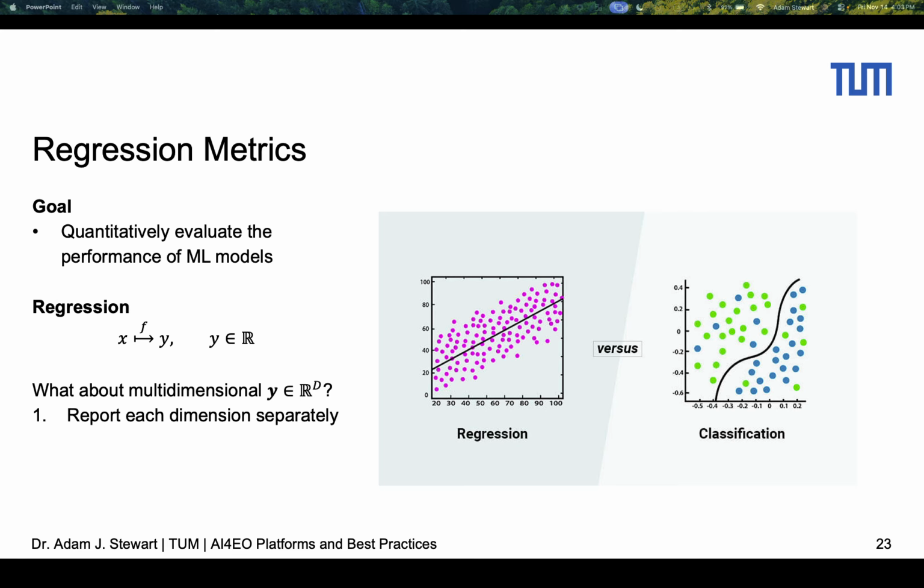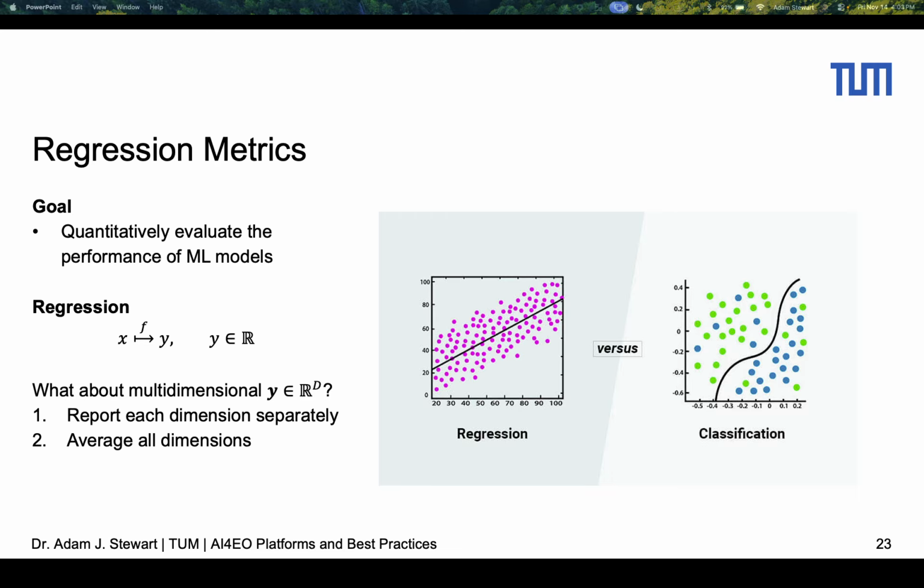So I could give you an accuracy or a performance metric for each dimension. I could average all the dimensions. This definitely wouldn't make sense for something like temperature and wind speed. They have very different scales. But it might make sense for horizontal wind speed and vertical wind speed. They should be comparable.